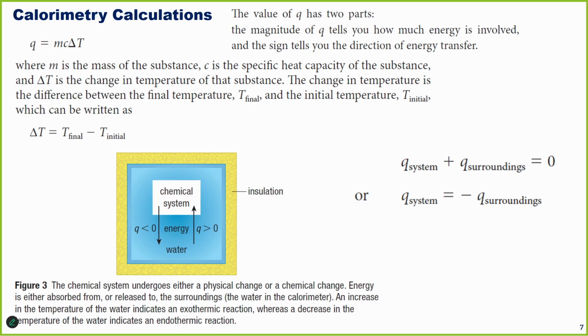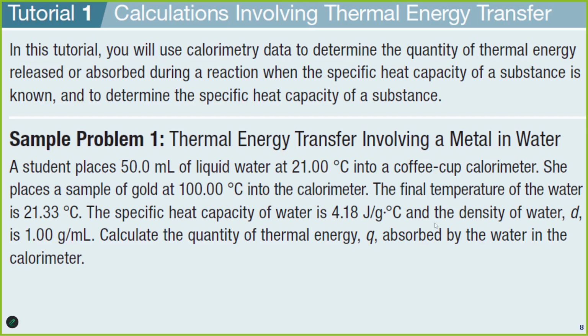Okay, so this is the concept of how we can calculate the calorimetry of a reaction. So next, let's have a look at a sample problem to illustrate the concept in concrete.